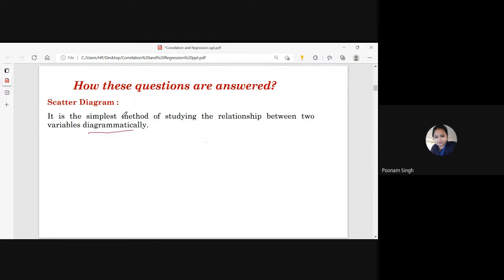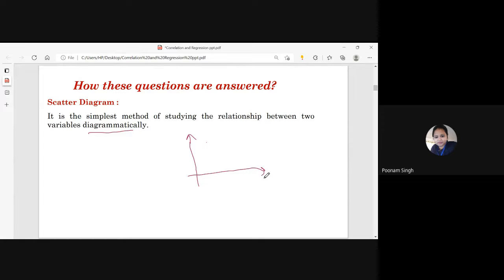How will he construct it? In a scatter diagram, one variable is represented along the horizontal axis, and the second variable is represented along the vertical axis. And for each pair of observations of the two variables, we put a dot in the plane.